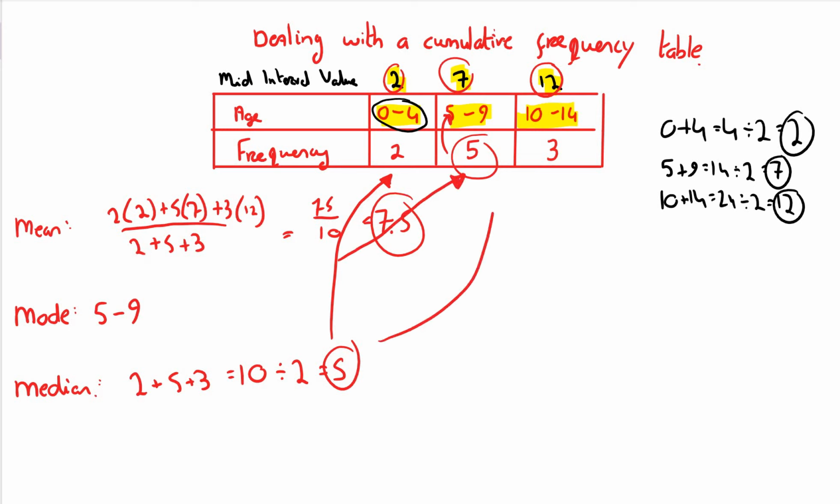So that means the median must lie in this section, which is this age. So the median is 5 to 9 also. So here is our mean, here is our mode, and here is our median.